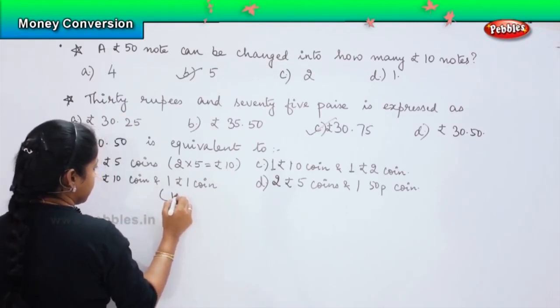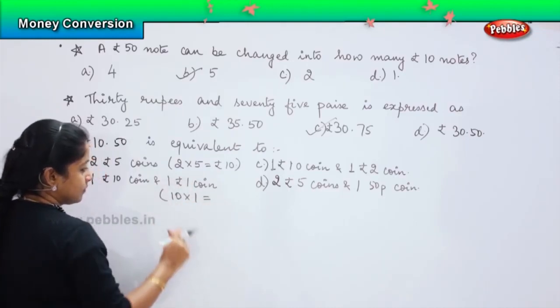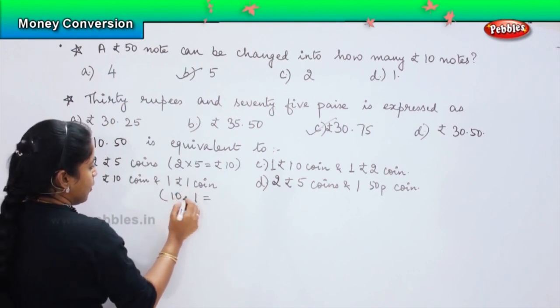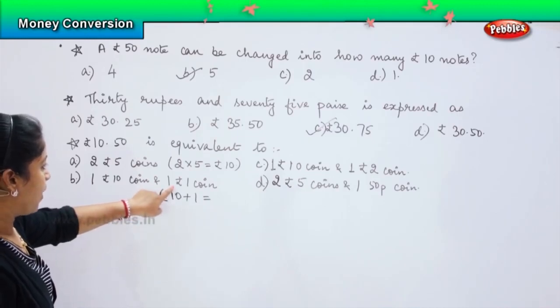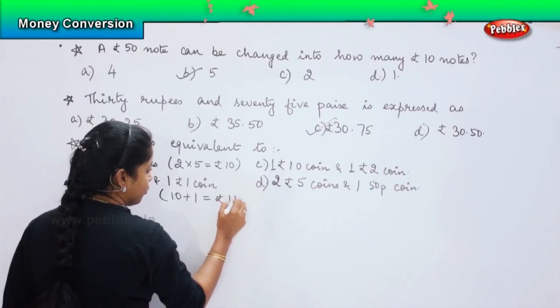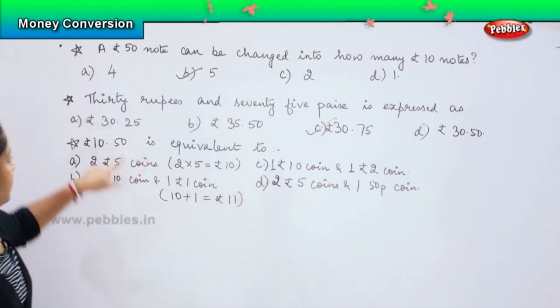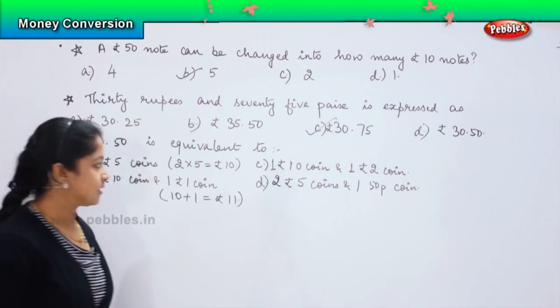Okay. And 1 1 rupee coin. So you have 1 10 rupee coin plus 1 1 rupee coin. So 10 plus 1 is, I have 11 rupees with me, wherein it is asking 10.50. So even this is also not my answer.